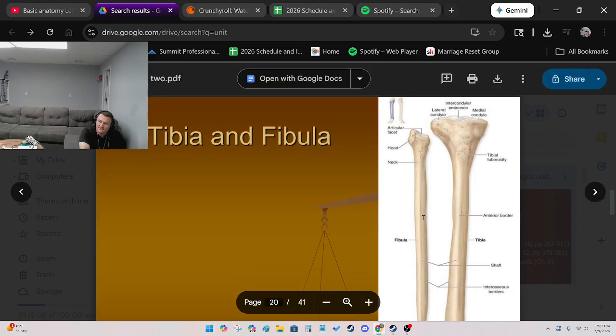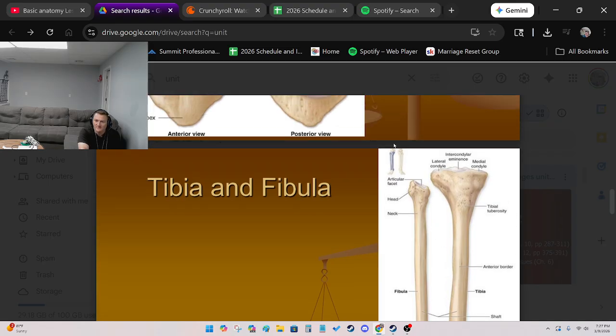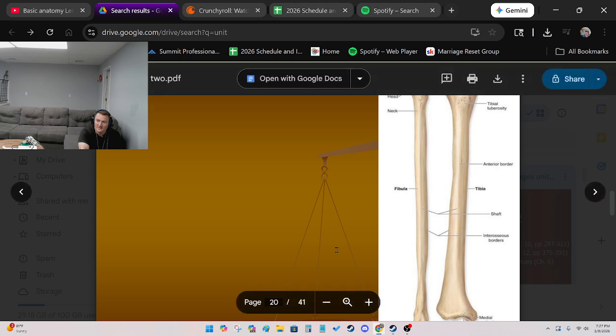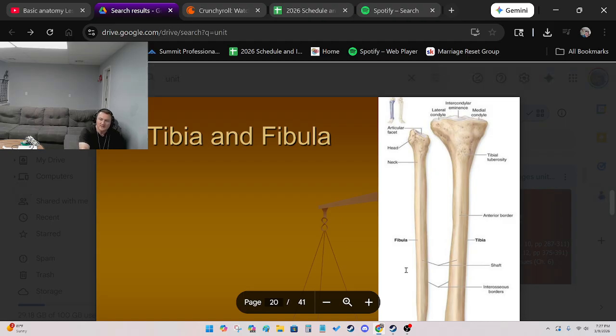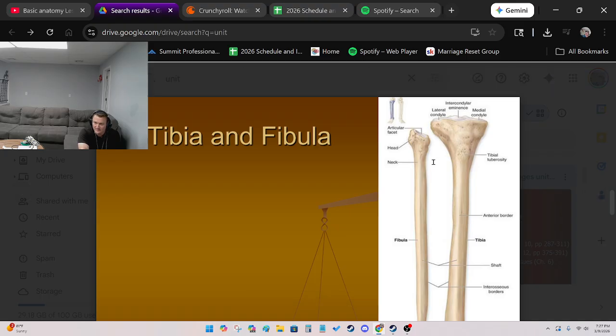If this is the lateral side, we're still looking at a right leg, and there it is, on the lateral side, towards the outside. It gets fractured on football players a lot because they take hits from the lateral side, and this will break. The head is at the top, neck right there. The head is that roundish shaped deal.